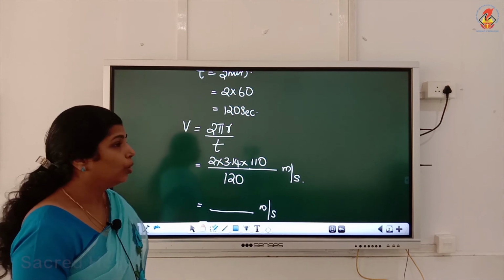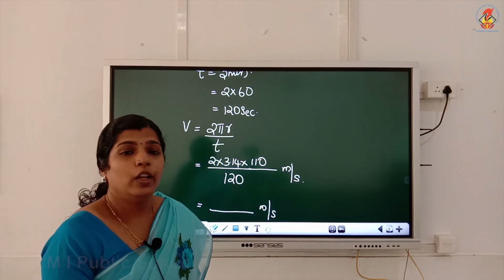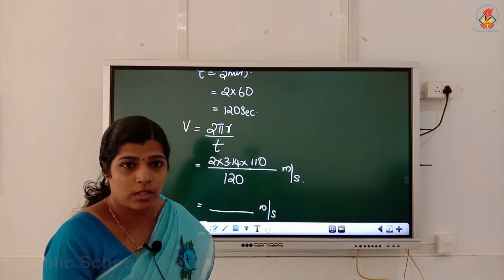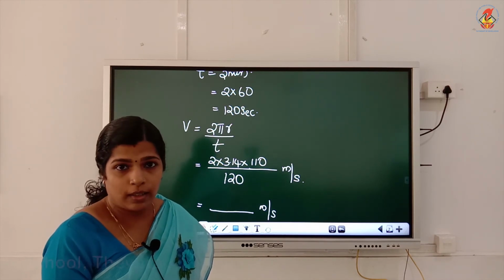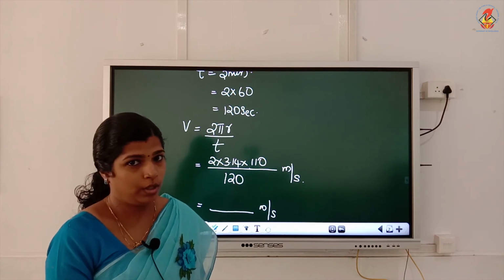Uniform circular motion means if an object is moving with constant speed in a circular path, then it is known as uniform circular motion.